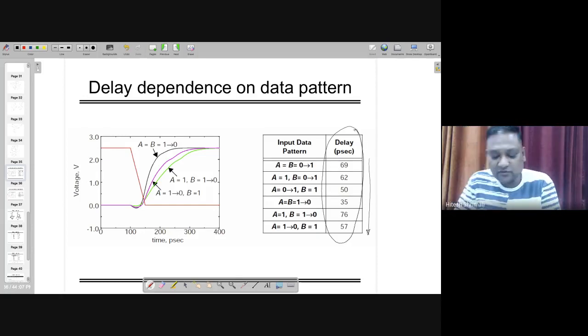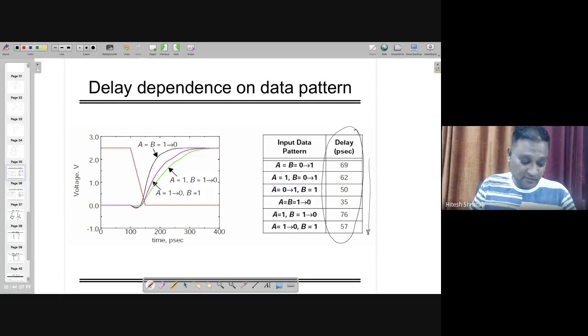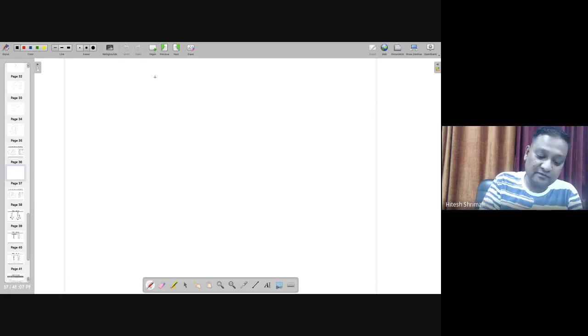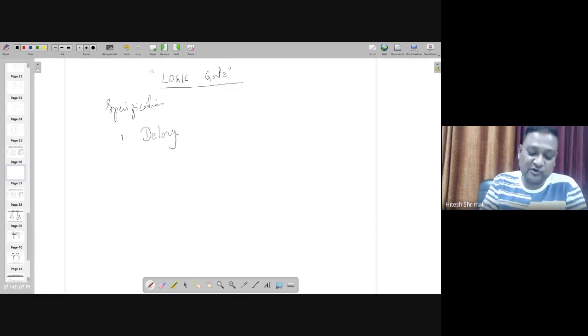The main concept over here is, when we are making any logic gate, our primary specification is actually the delay. I want as small a delay as I can. The second one is the switching threshold.